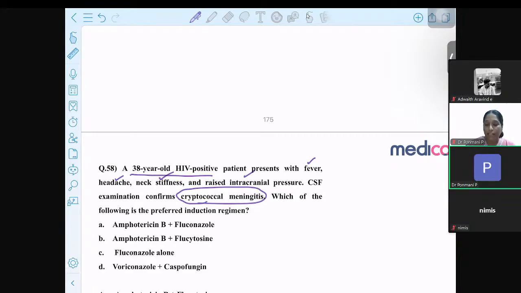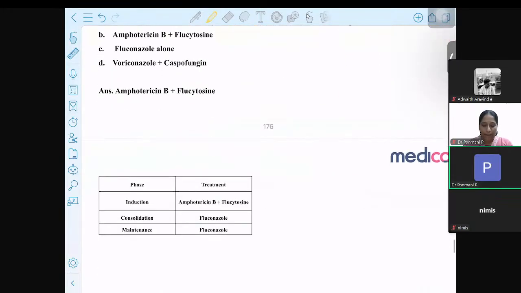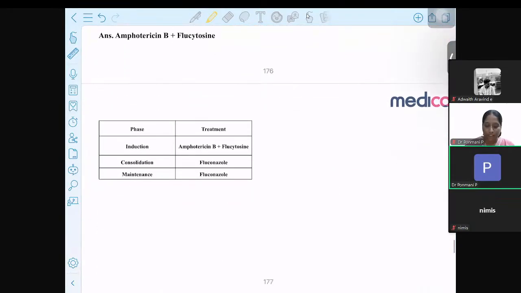So there is an HIV patient and he has an opportunistic infection, and this infection is cryptococcal meningitis. And what they have asked is, which is preferred as an induction regime. So this part you have to see carefully. Induction regime, what is the meaning of that? Because there's something also called maintenance regime and consolidation regime.